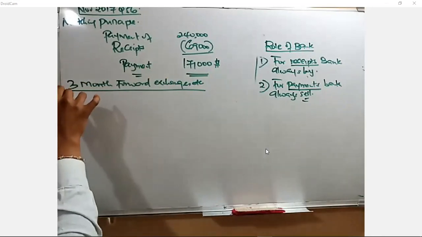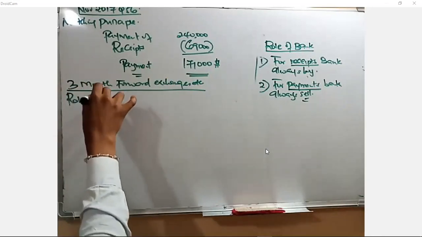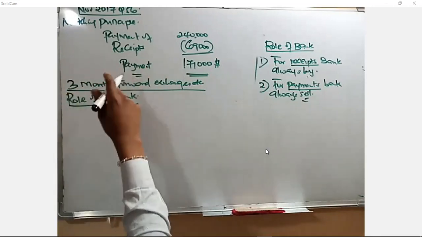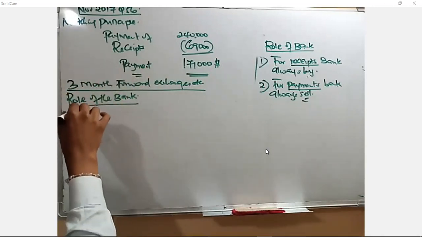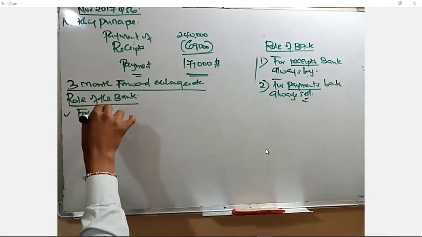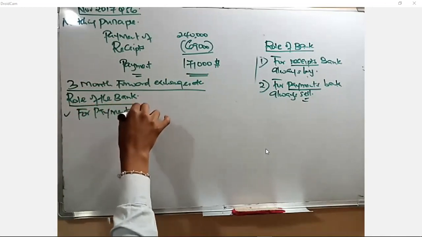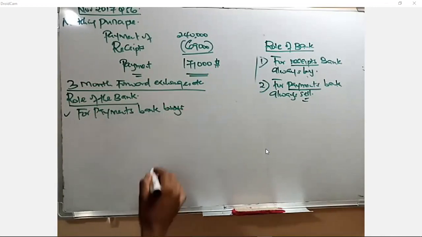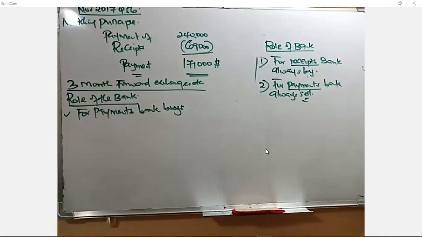So if you want to define, for instance, the role of the bank, what is the role of the bank? Remember, we are dealing with the payments. I just say here that for payments, bank buys. Let me know the rate which I'm going to be using, because the examiner has given me a 3-month forward contract, the forward exchange rate.